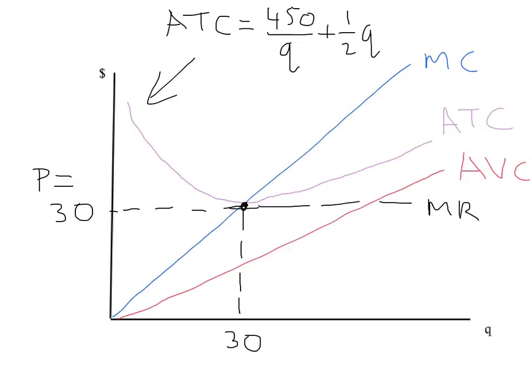We can only be in a market equilibrium where no firm wants to enter the market and no firm wants to leave the market if the marginal firm, the last firm in the market, is just indifferent to staying or leaving. And that's going to be the situation where the marginal firm has a market price exactly equal to minimum average total cost.